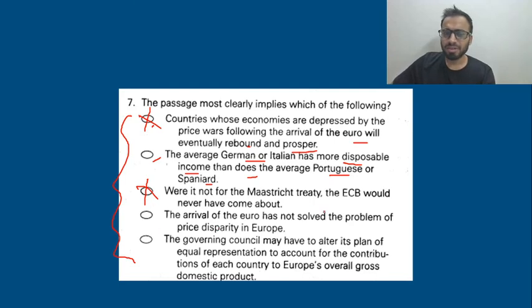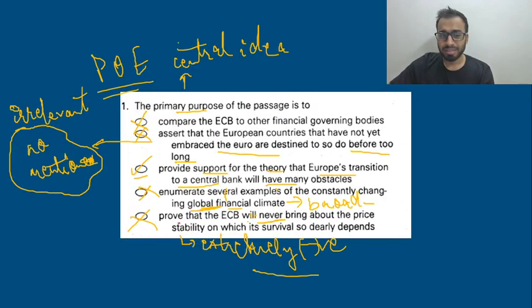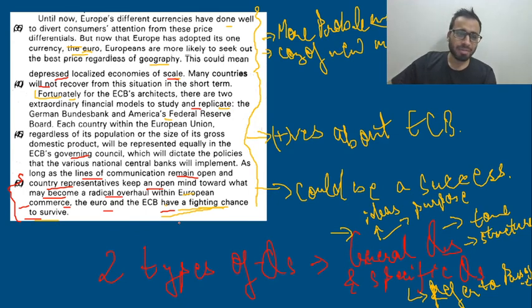D. The arrival of the euro has not solved the problem of price disparity in Europe. This looks to be one of the better answers to me, better than B, because I remember very clearly this being mentioned. But now Europe has adopted the euro. Europeans are more likely to seek out the best price regardless of geography.